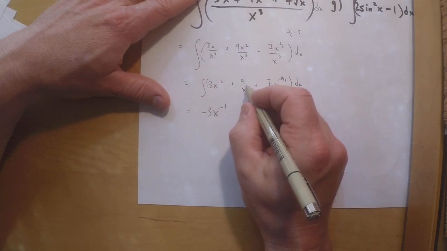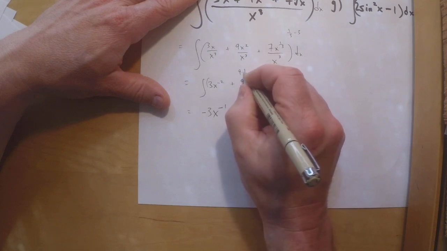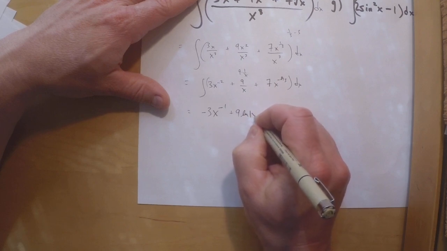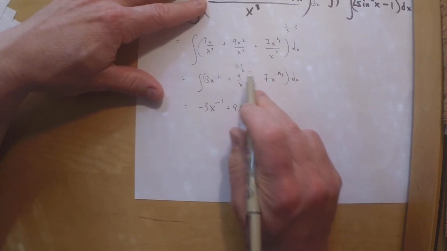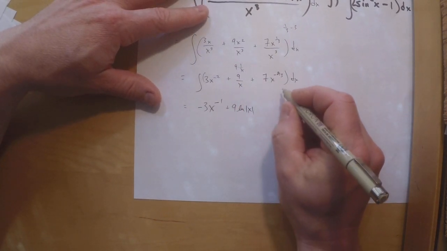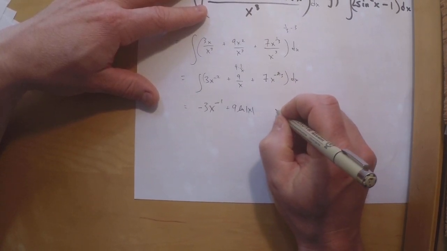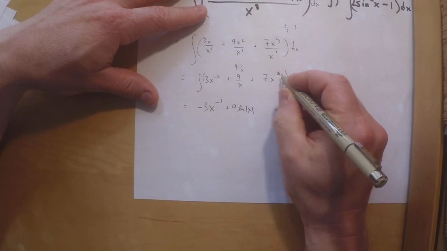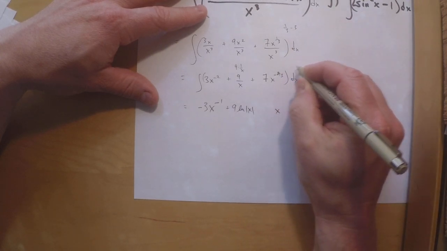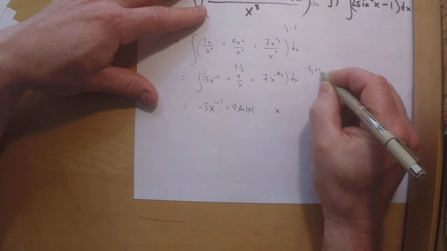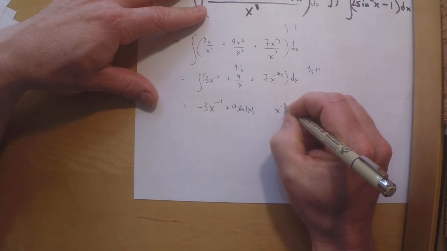This one, don't forget, this one is 9 times 1 over x. The 1 over x one is the sneaky one, that's ln. That's the one you gotta be careful with. And the next one here, -8/3, I need to raise that up by 1. So if I add 1 to this, -8/3 plus 1, that's 3 over 3. That will end up giving me -5/3.